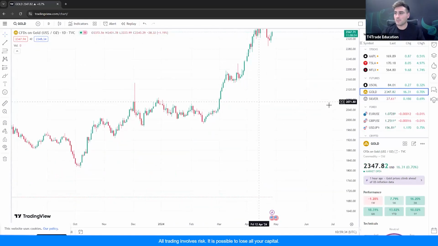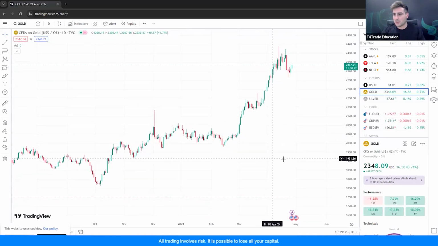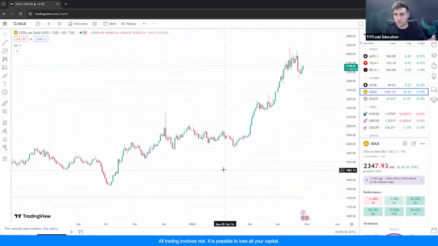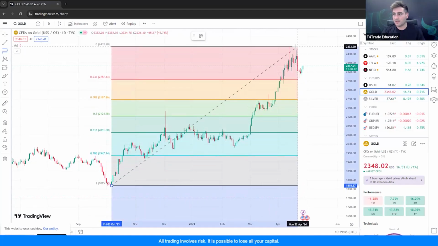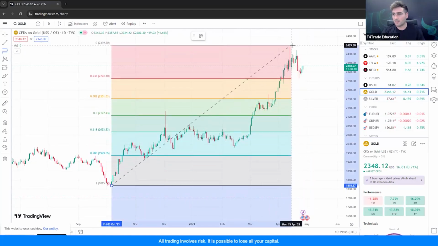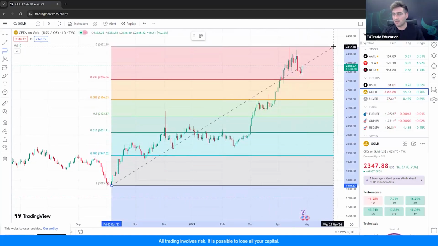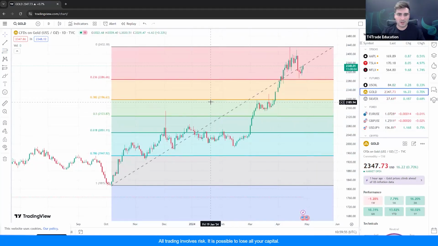So let's start out from a long-term perspective. This, in a sense, is a Fibonacci retracement. This is the beginning of the move, and this is the top of the move. Let's drag that a little bit further. I don't know if it's going to be much help if we look at gold from this perspective.